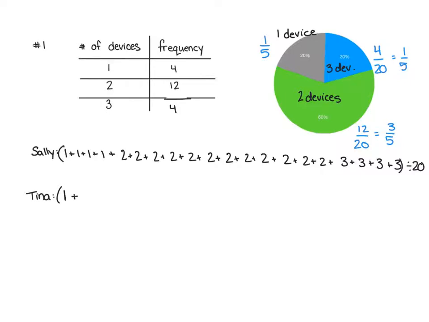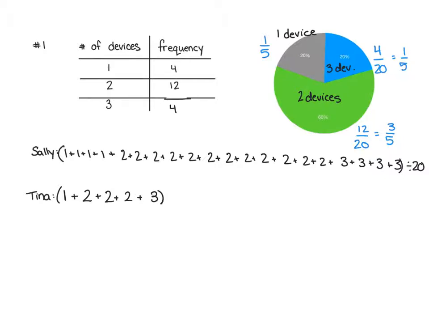Then she looks at how many have 2 devices, and she goes, okay, 3/5 of the families. If there are only 5 families, that would be 3 of them, so she adds three 2s. Then the families that have 3 devices, the fraction simplifies to 1/5. She's just using her numerator to decide how many of these to write, so she adds one 3.